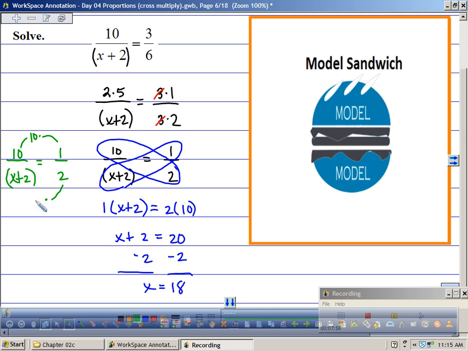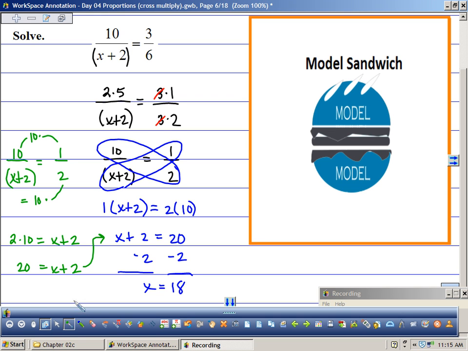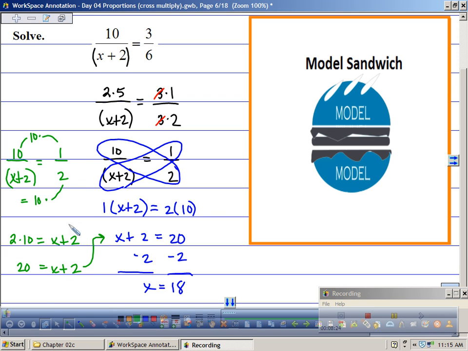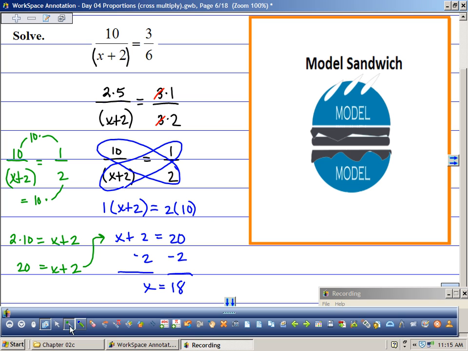So shouldn't 2 times 10 be equal to x plus 2? 2 times 10 equals x plus 2, or 20 equals x plus 2. Isn't that what I have here? See that? You didn't even have to cross multiply. I don't expect you to see that every single time. I just want you to know that there are many different ways you can do these things. You need to use your number sense.